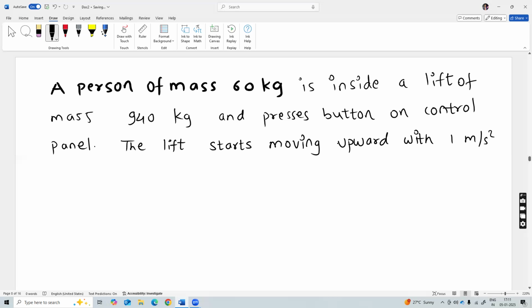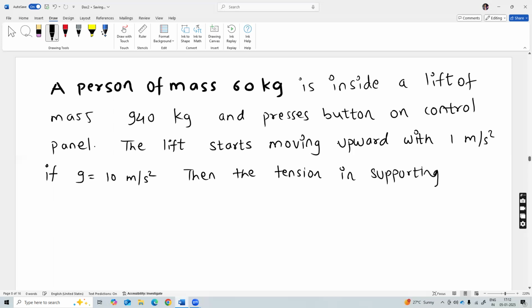If acceleration due to gravity, g, is equal to 10 meter per second square, then the tension in the supporting cable is how much?